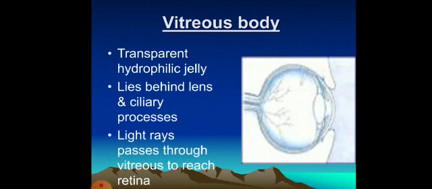This jelly-like mass contains loose collagenous fibers and vitrein. And this vitrein is a highly hygroscopic protein which is formed very early during embryonic life and doesn't get replaced thereafter. The portion of the vitreous present behind the posterior surface of the lens acts as a cushion for the lens.